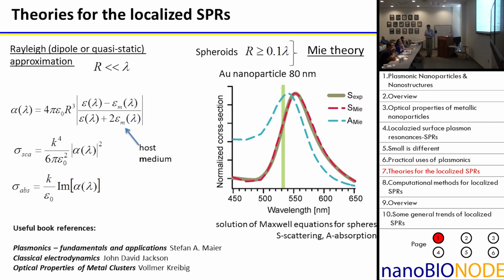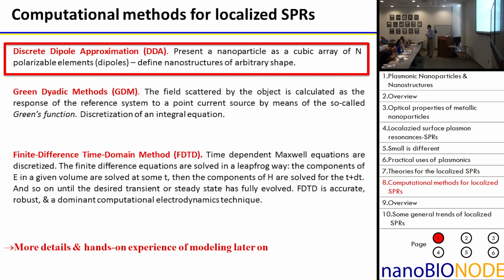Now, in most cases, however, you will work with something more complicated than the simple cases we can discuss here. For example, maybe you'll have non-spherical particles, platelets or rods, and then it's very useful to adopt numerical modeling techniques, which again describe those different kinds of interactions of the electron cloud in nanoparticles with the electromagnetic wave of light.